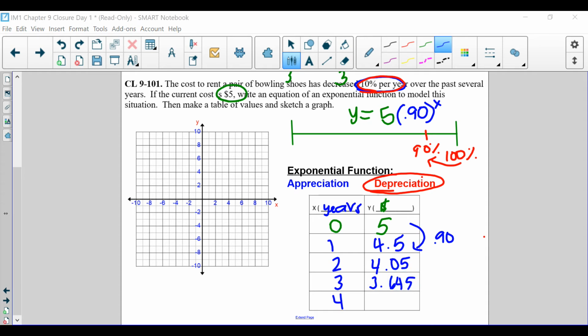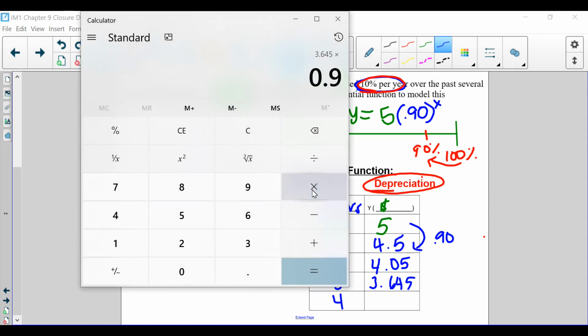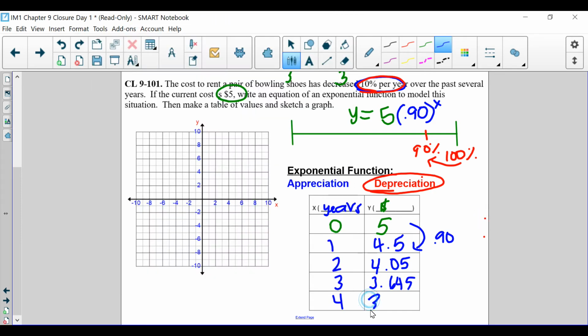And then again we're going to multiply that by another 0.9, which got 3.2805. And that's because every time it's decreasing by 10% each year, so that means it's only worth 90% of what the original is.